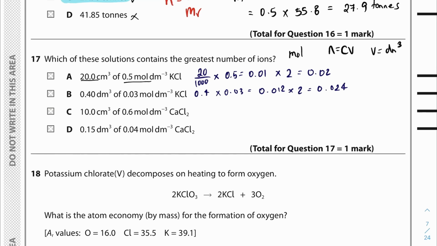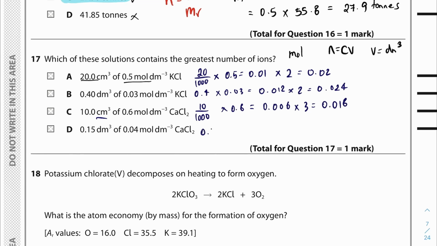Let's now look at C. So that's 10 over 1000, because it's in cm cubed here, times 0.6. This gives us 0.006. And how many ions? You have CaCl2. That's 2 chlorine ions, so that can be times by 3. So that's 0.018. What about D?